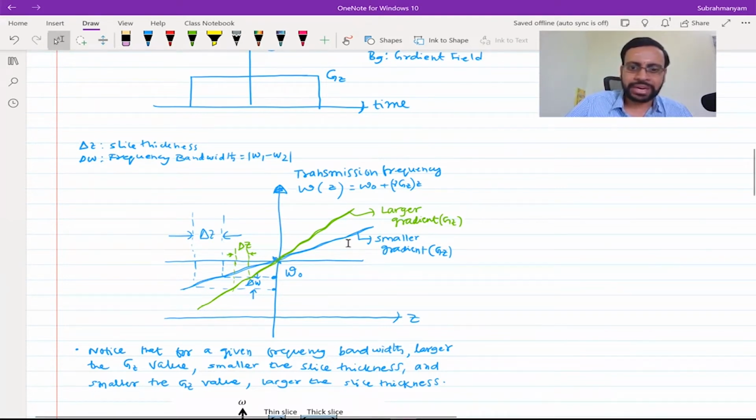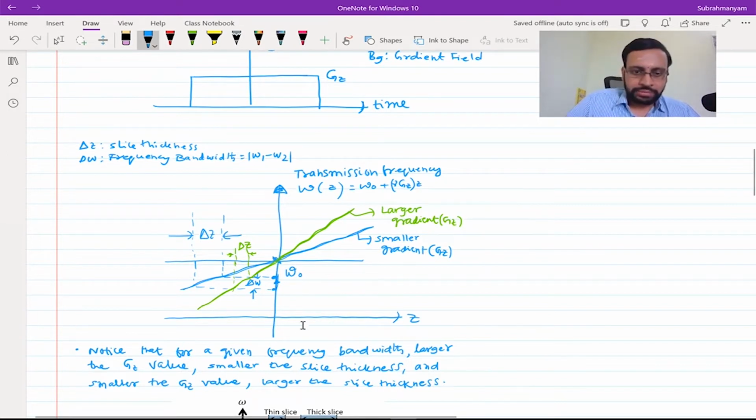Suppose you have a smaller gradient, this is how it is. If you are increasing the GZ value, this is how it is. Of course, this is very clear to you. It's equivalent to the slope in y equals mx plus c, where your c is omega naught here. What would happen if you are increasing the m value? Suppose this is where I have an omega at which I would like to compute, and around that there is this delta omega.